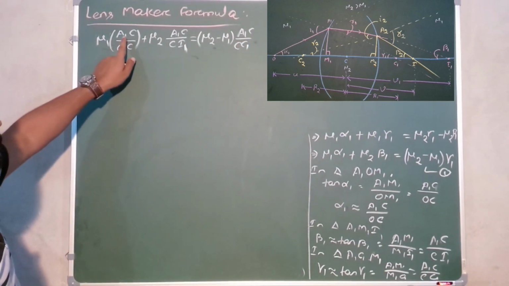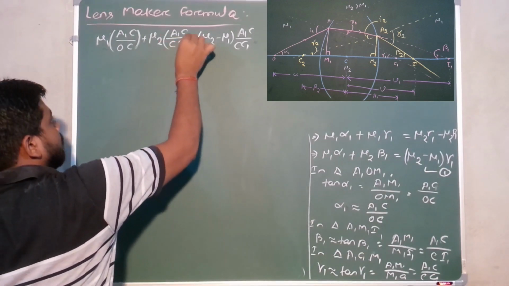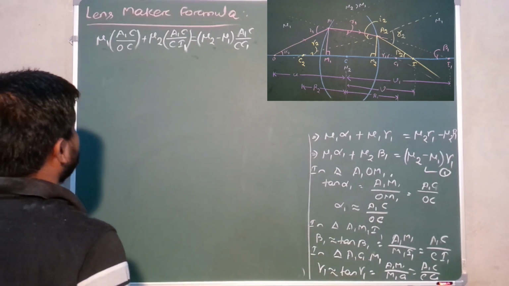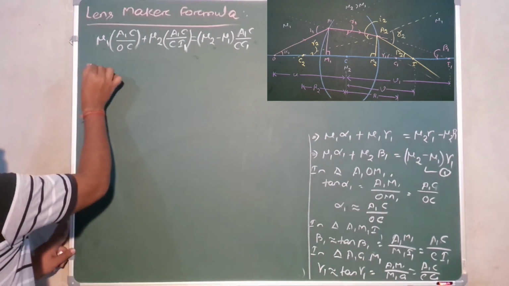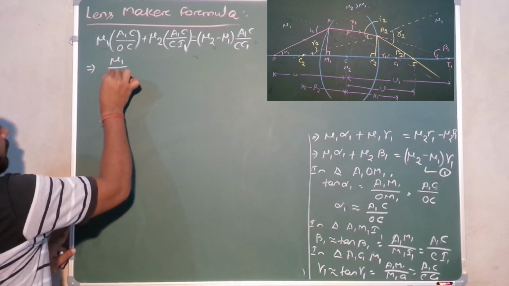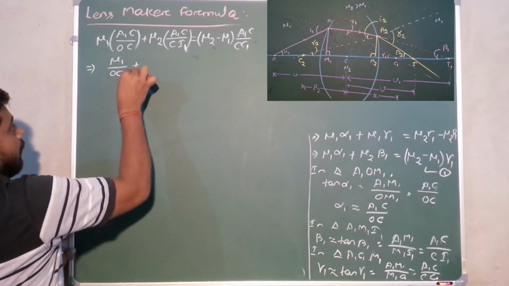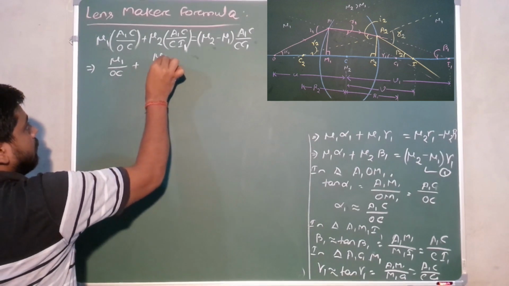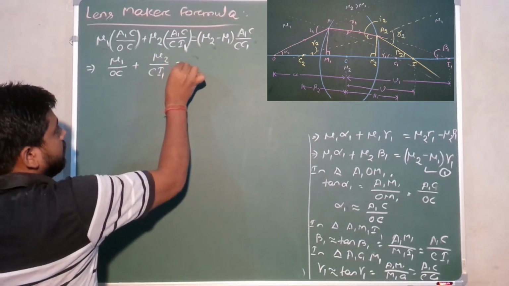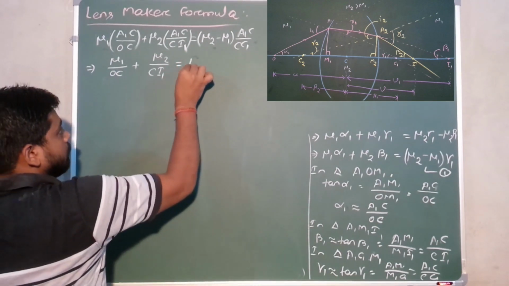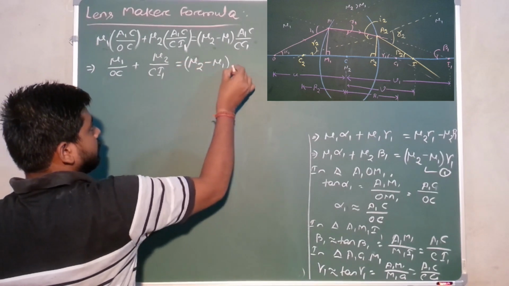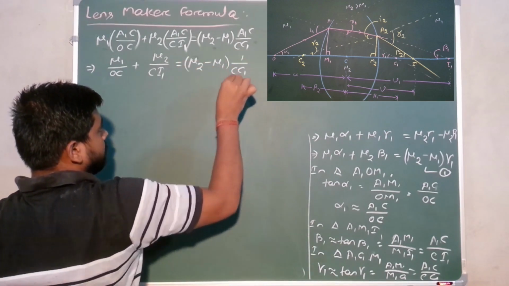Just see here. Here is A1C. Here also A1C. Here also A1C. So A1C cancelled out. Yes or no? What you got here? That is mu1 by OC plus mu2 by CI1 is equal to mu2 minus mu1 by CC1.